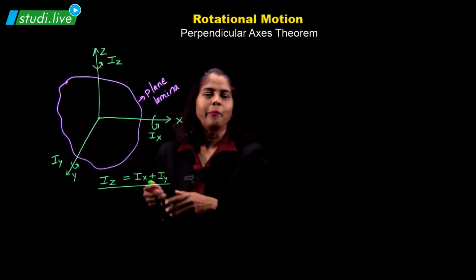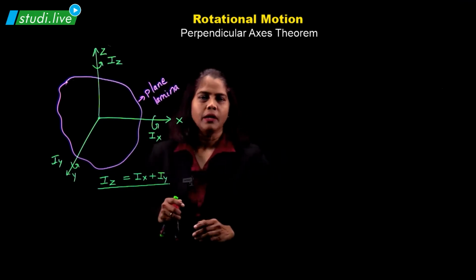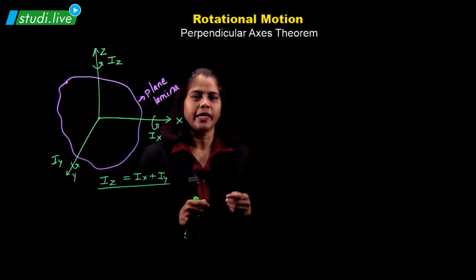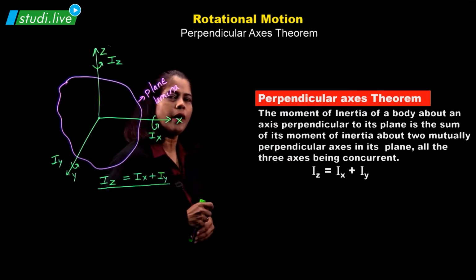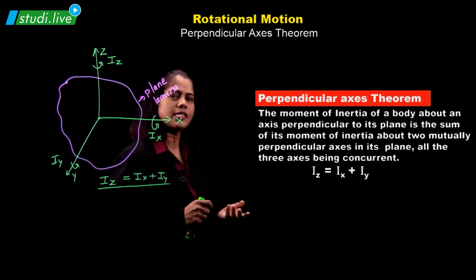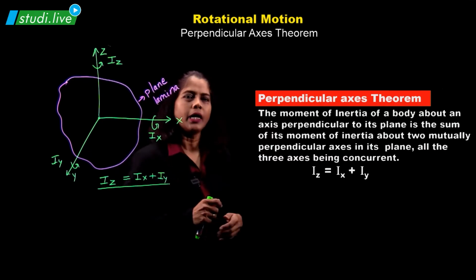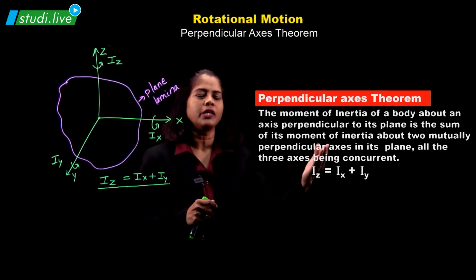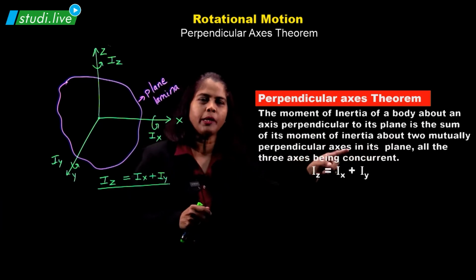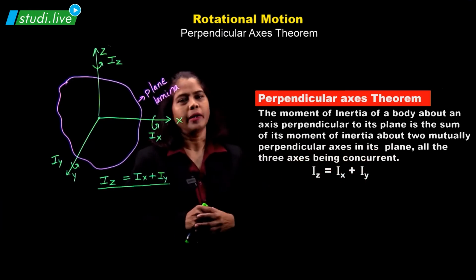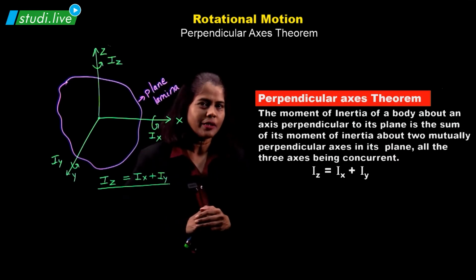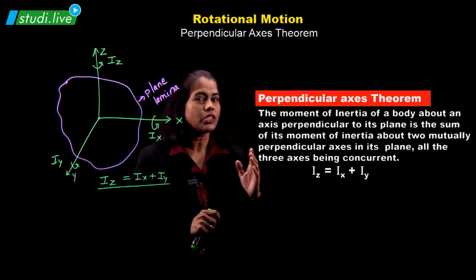So, this is the complete statement. You can just look at this statement here. Perpendicular axis theorem: the moment of inertia of a body about an axis perpendicular to its plane is the sum of its moment of inertia about two mutually perpendicular axes, and all the three axes being concurrent, meaning meeting at a point. So, this is the statement, students, which carries 1 mark.